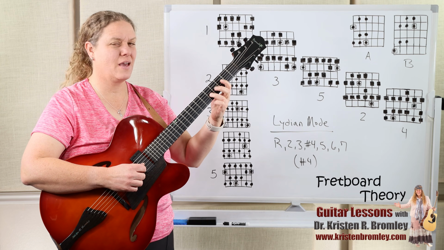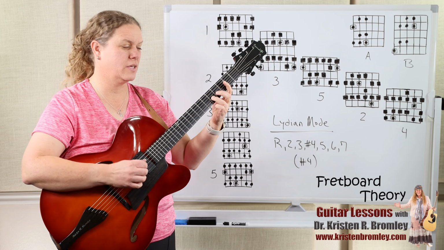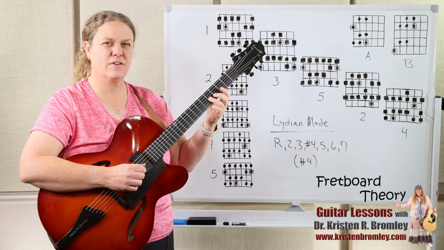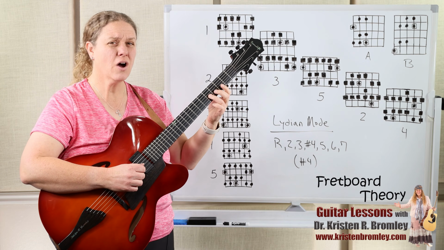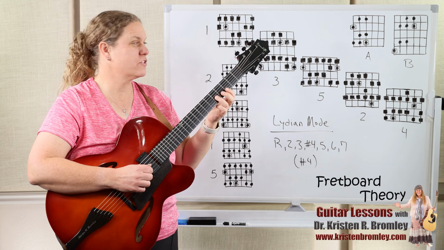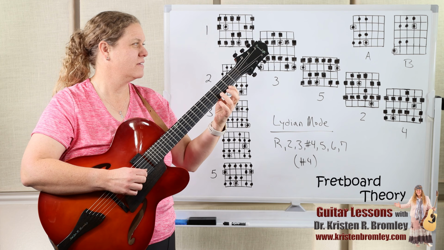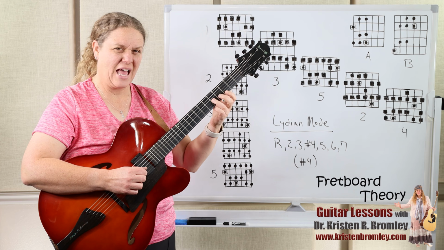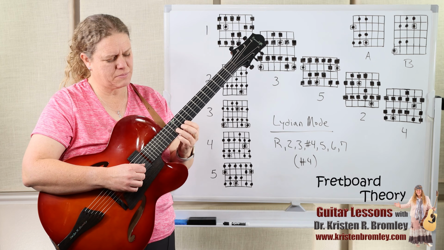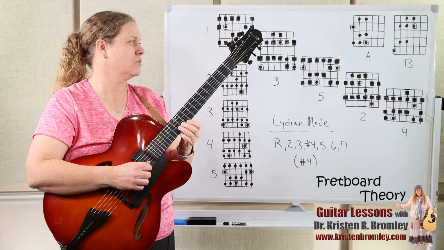Or with my pinky, I could continue and do a partial here. If I stick my ring finger or my pinky on the C at the 5th fret of the 3rd string. I have just that little bit, and then I could stick my C, and I have just a little bit again.